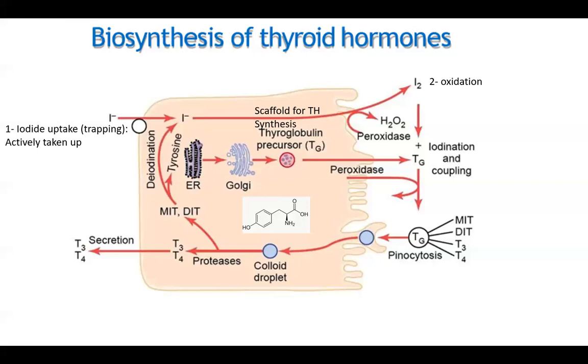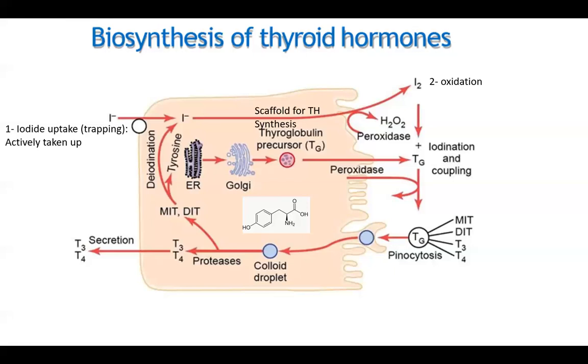Now we need to release them, so we release the T4 and T3 from the scaffolding protein. This is how we get free T4 into the circulation, through proteases. So we have the whole picture here. Is everyone clear? Do you want me to repeat it?